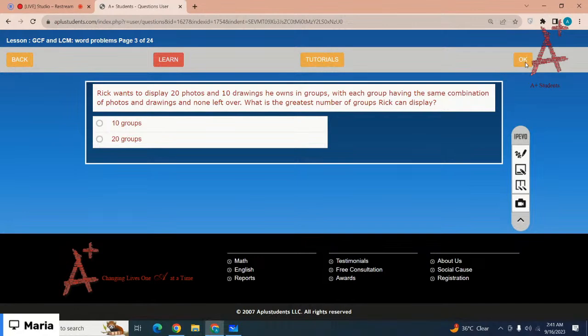Okay, Rick wants to display 20 photos and 10 drawings he owns in groups, with each group having the same combination of photos and drawings and none left over. What is the greatest number of groups Rick can display? You have to find the GCF, right? You have to calculate the greatest number. So that means you have to calculate the GCF. So which is the correct option?